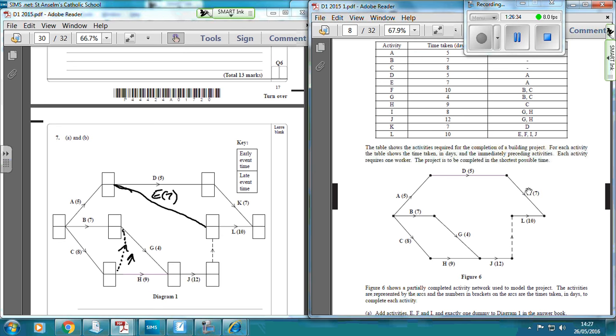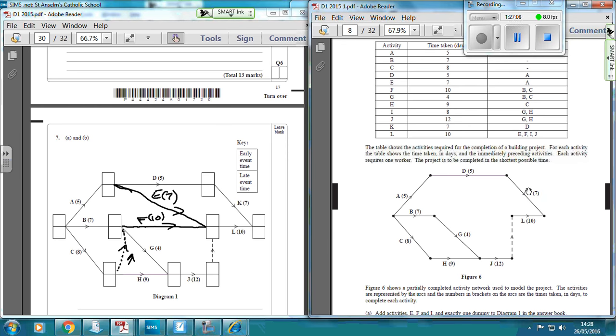So once B and C are done, then F can start. And then what's dependent on F? L is dependent on F. So there you go, an arrow there. That's F, and that's going to be 10, because F is preceded by B and C, and L needs F to have happened first of all.